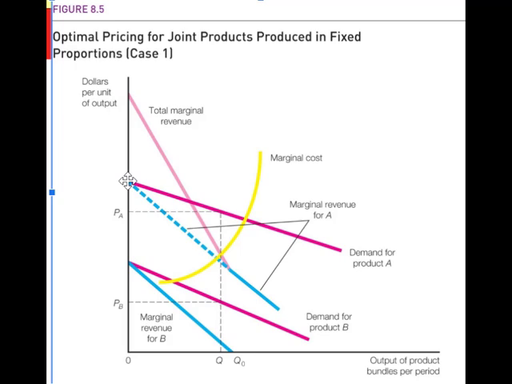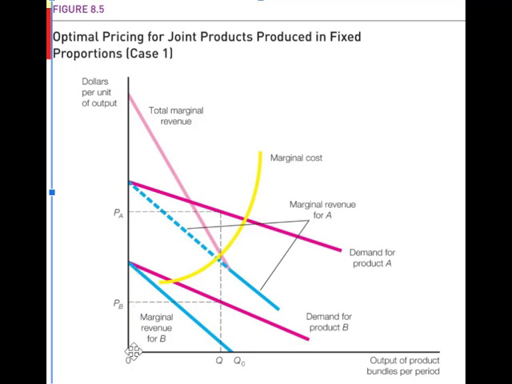The vertical intercept is the same as the market demand, and it's twice as steep as market demand, right? So this blue curve will be marginal revenue for product A, and this blue curve will be marginal revenue for product B. Then, according to total marginal revenue from joint products, the additional revenue from producing product A will be here, and the marginal revenue for producing that same unit of product B will be up to here.